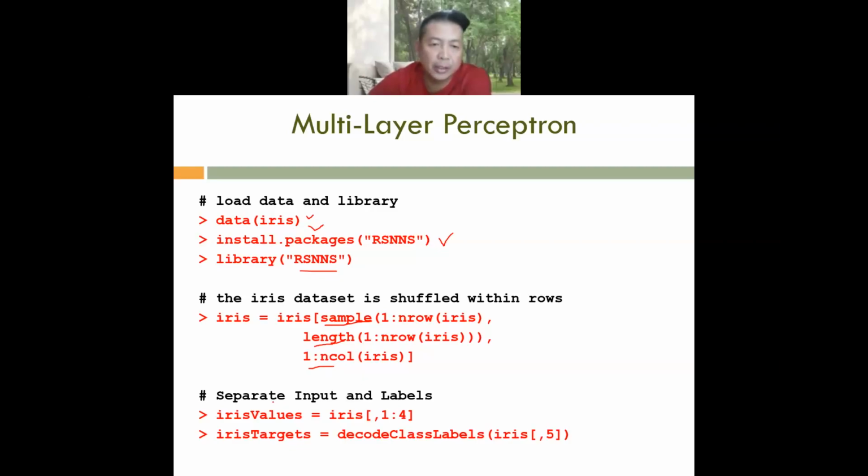And we are separating the input from the label. So remember that we have 5 columns here. The last one is the label. So this one we are looking at the fifth column to be put in the label, the target. So the first 4 columns indicate the length and the width of the petal and the sepal.